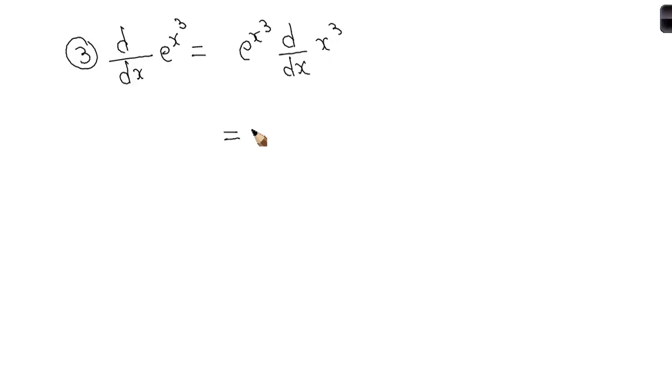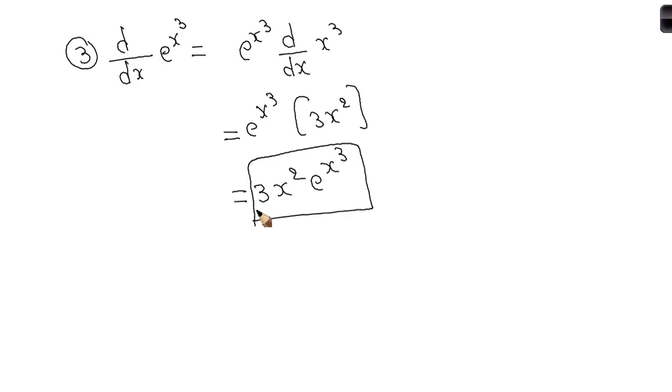The derivative of x cube is 3 times x square. So the final answer is 3x square times e power x cube. This would be the answer for the derivative of e power x cube.